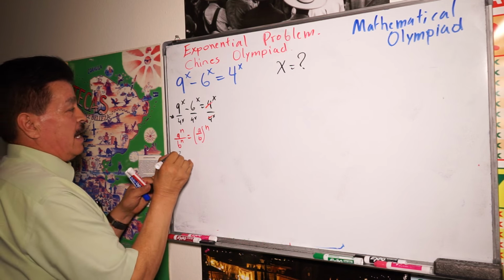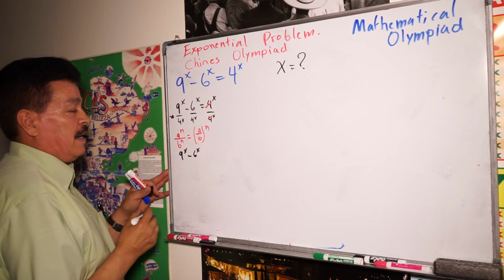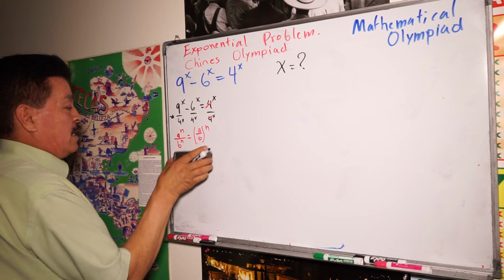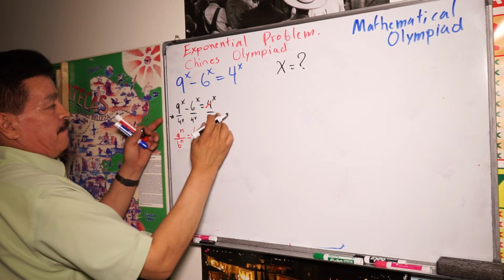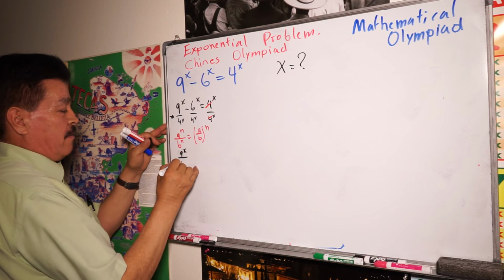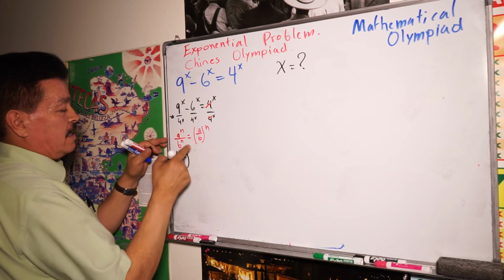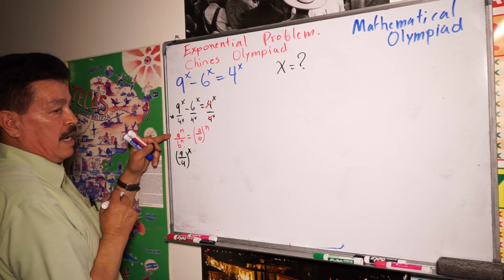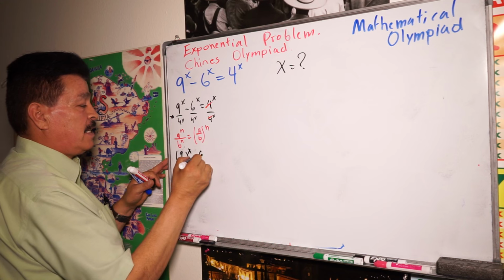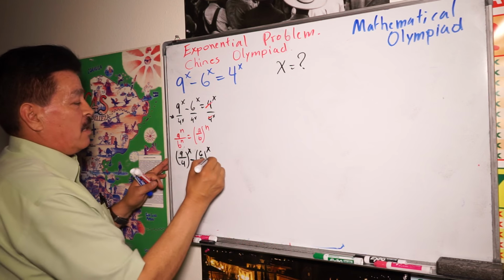We are going to have 9 to the x power divided by 4, written applying this rule, to the x power, minus 6 divided by 4, just applying this rule, to the x power, equals 1.